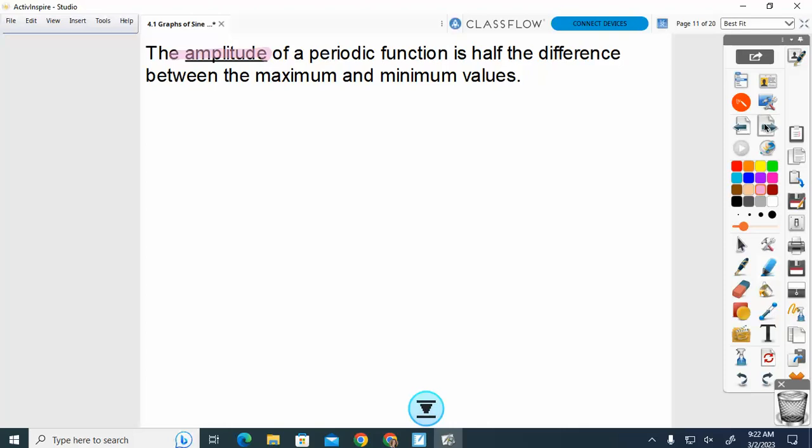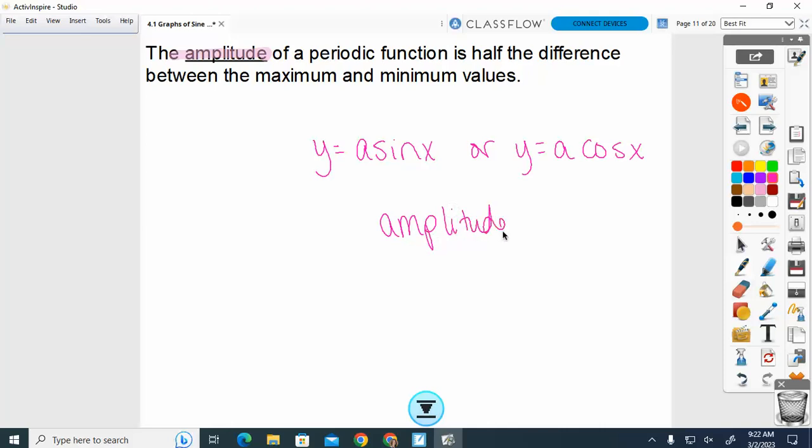In our trig functions, the amplitude is just your coefficient. It's that coefficient in front.